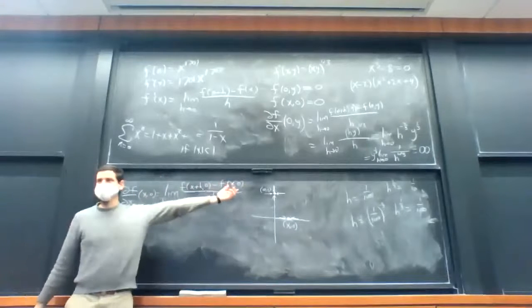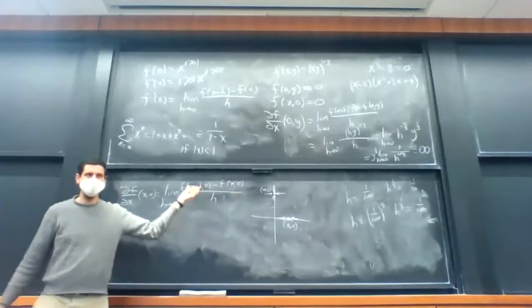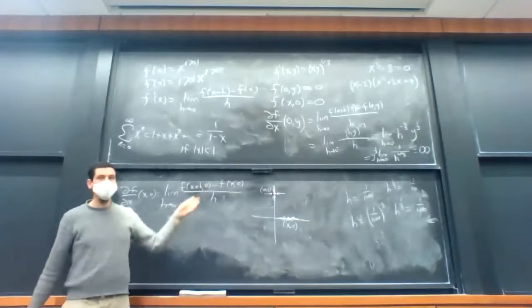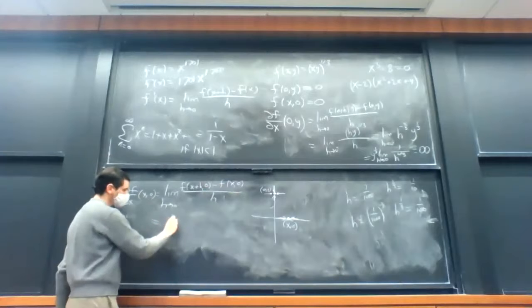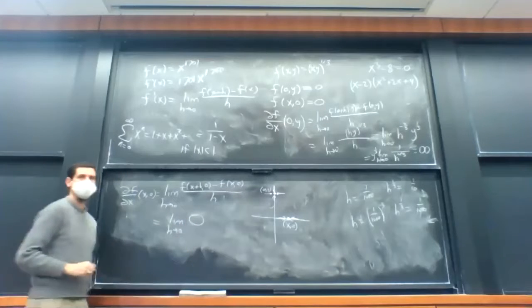Well, what is f of (x, 0)? 0. What is f of (x plus h, 0)? Because the y-coordinate is 0, both of them are 0. So this would just be the limit as h goes to 0 of 0.